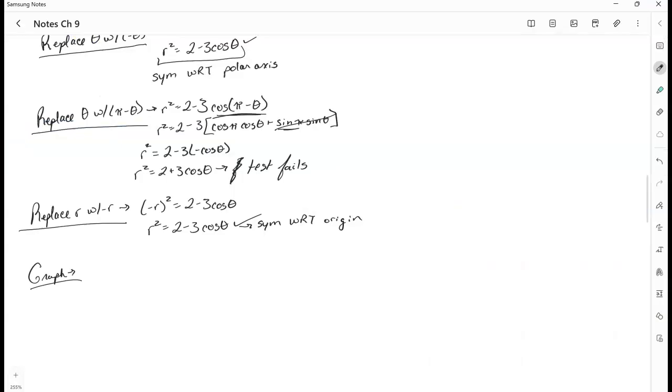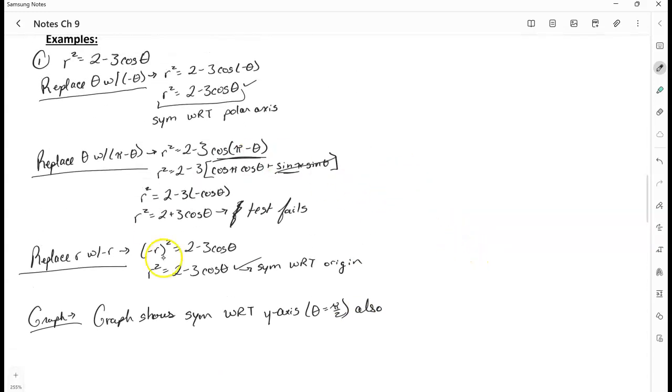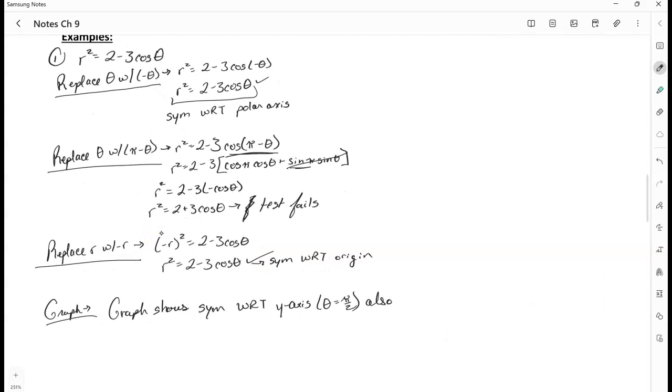So even though the test failed, the graph showed that it has symmetry. And sometimes that will happen. We're working out, we'll get something that fails, and then we check the graph and it will actually have that kind of symmetry. Remember, there are sufficient but not necessary conditions.